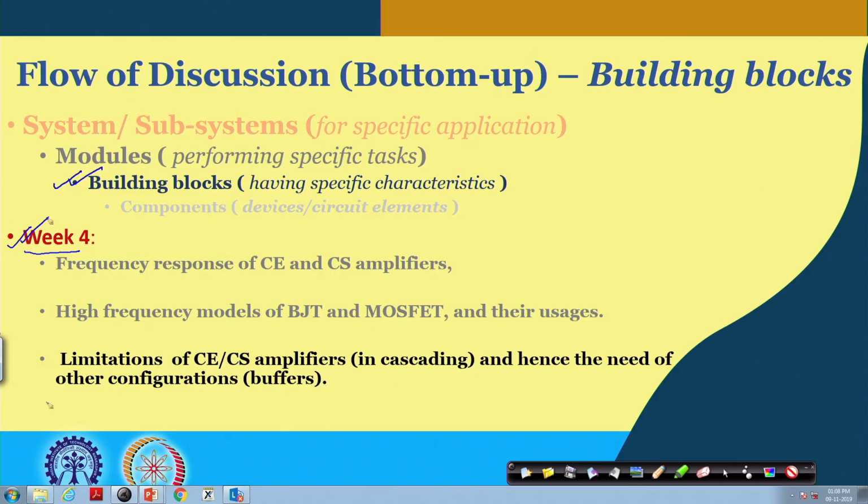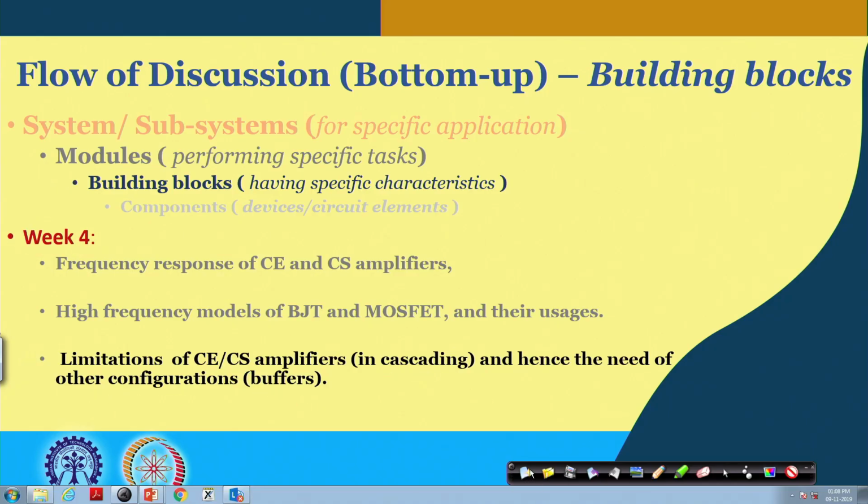In this fourth module we are very close to the last item, namely the limitation of common emitter and common source amplifier while we are cascading the circuit. And hence we establish the need of some other circuit configurations which are referred to as buffer. So, we will be discussing those things in detail.